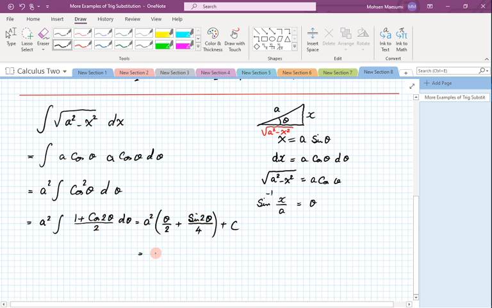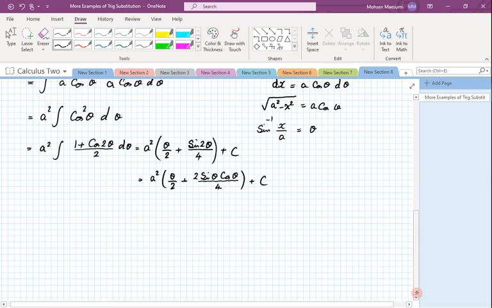So I'll have a squared, this is theta over 2. Instead of sine of 2 theta, I can write, with another trig identity from your trig class, 2 sine theta cosine theta. So 2 and 4 is going to simplify to a half. I can take that half, put it outside to clean up.